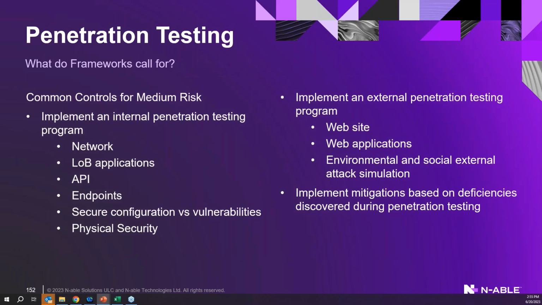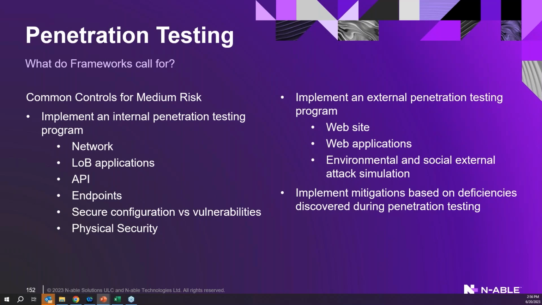So medium risk, what are they asking for? They want internal penetration testing that's going after the network, line of business applications, any APIs that are being used internally, the endpoints themselves, being able to detect between secure configuration settings and vulnerabilities, also physical security.